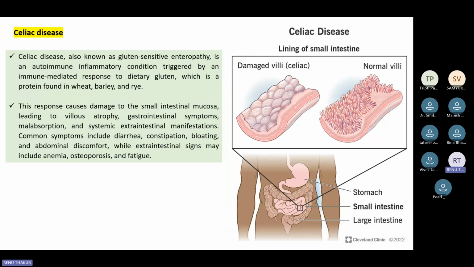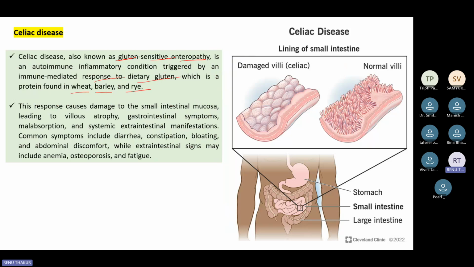So you can see celiac disease is normally known as gluten sensitive enteropathy, which is an autoimmune inflammatory condition triggered by an immune mediated response to dietary gluten, which is a protein found in wheat, barley, and rye. So people are unable to digest the normal dietary gluten.